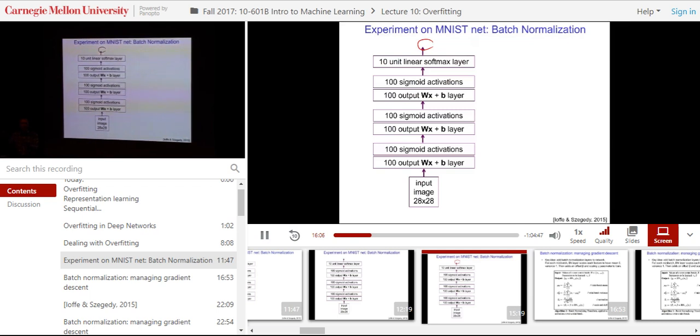Sometimes you have more trouble if you have 100 outputs, and one of them varies between 0.1 and minus 0.1, and the other varies between 99 and 9,000.